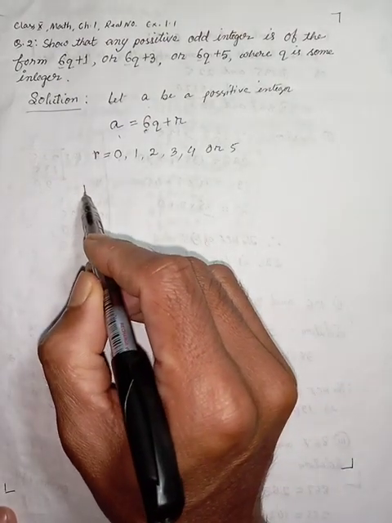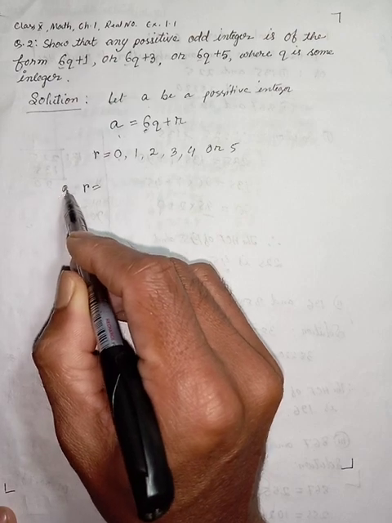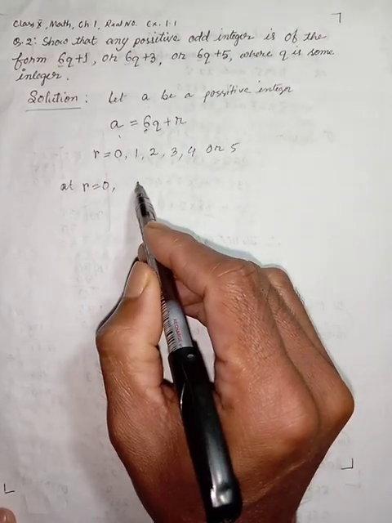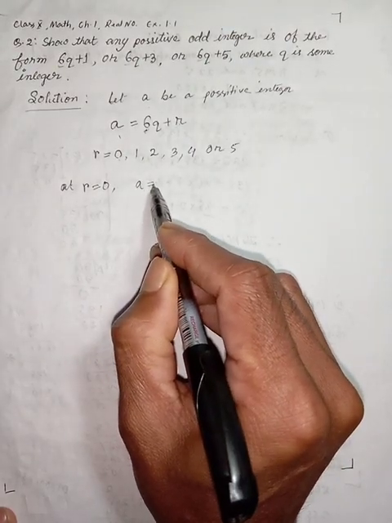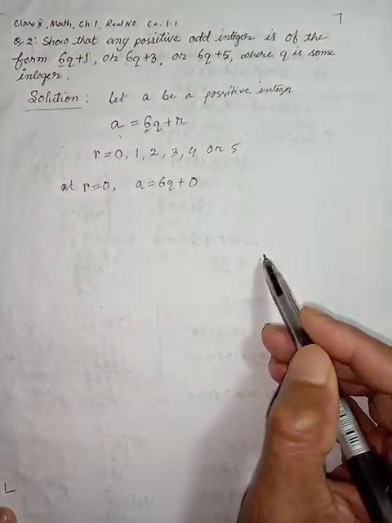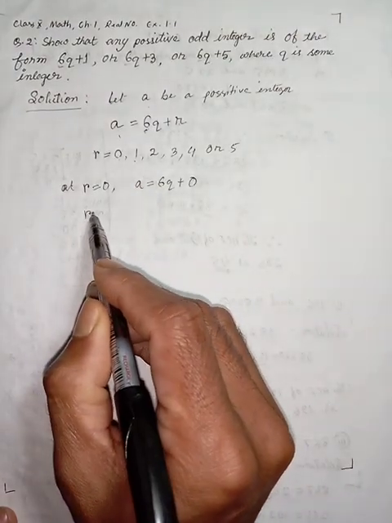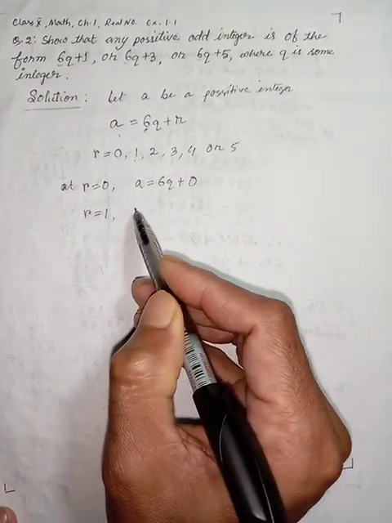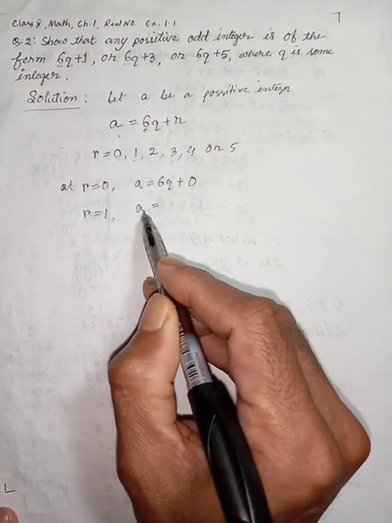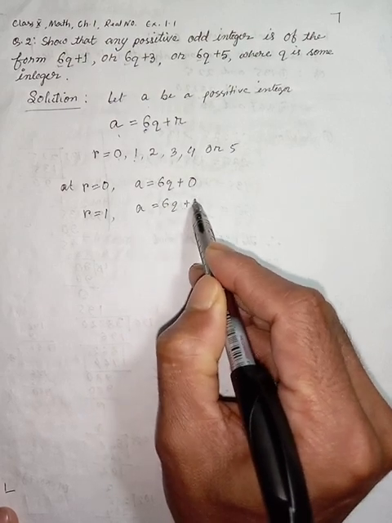Now I'll take the remainder as 0. Then a will be 6q plus 0. In the second case, when the remainder is 1, the positive integer will be in this form, 6q plus 1.